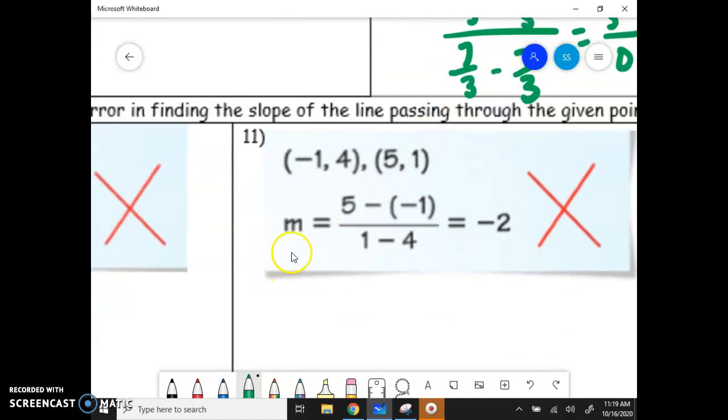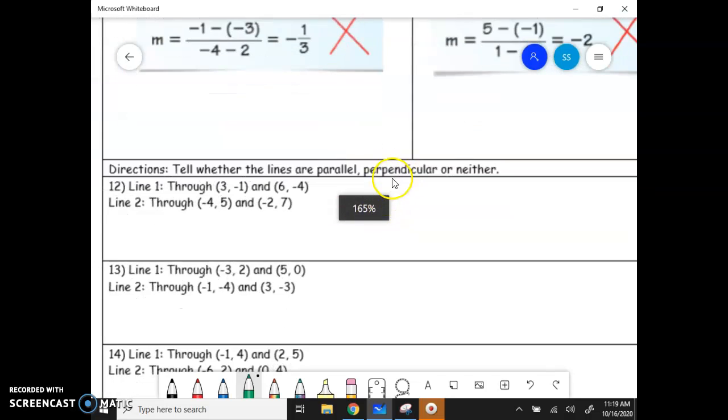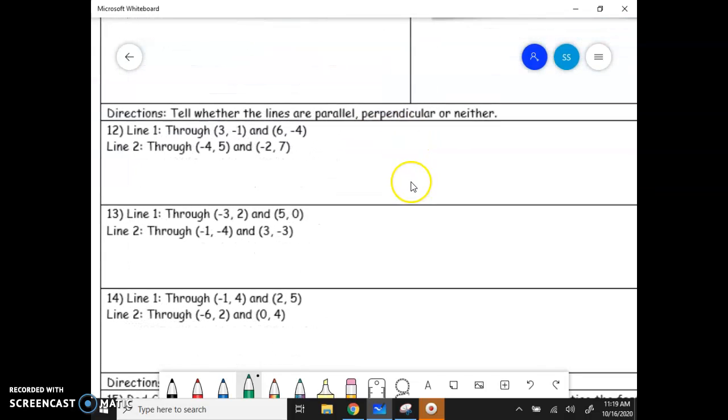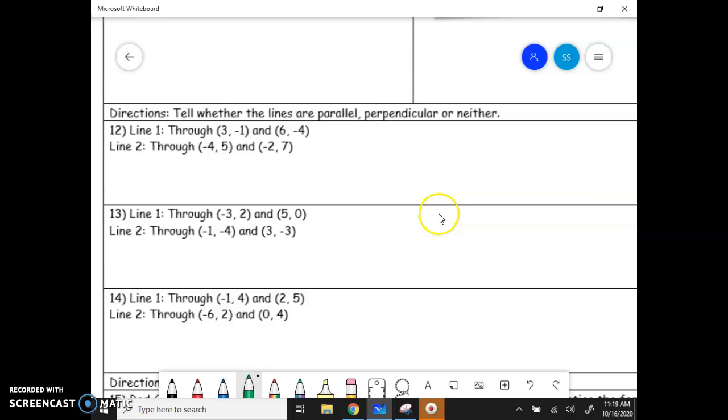Okay, moving on. Let's see, tell whether lines are parallel, perpendicular, or neither. So we're just going to go ahead and figure out both slopes for the two lines, right? We've got one line that passes through these points, and the second one passes through these points.